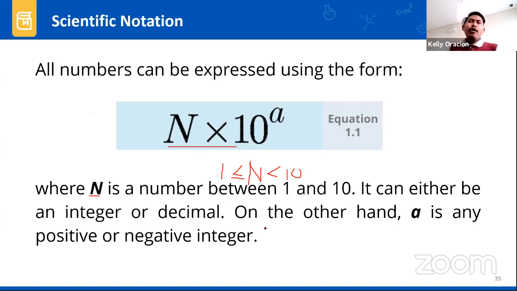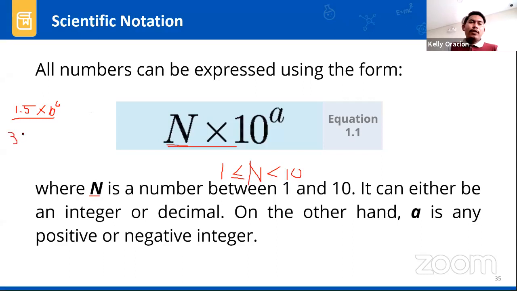Again, your n here should be a number between 1 and 10. 1 is accepted, 10 is not. An example is this: 1.5 times 10 raised to 6. Yes, this is acceptable as standard scientific notation because 1.5 is between 1 and 10.